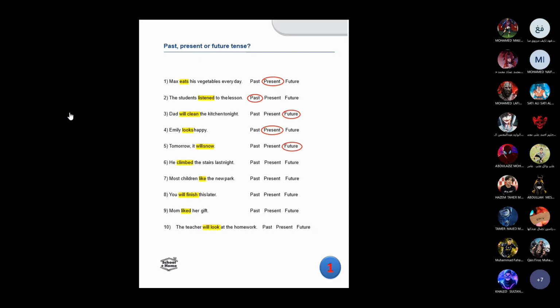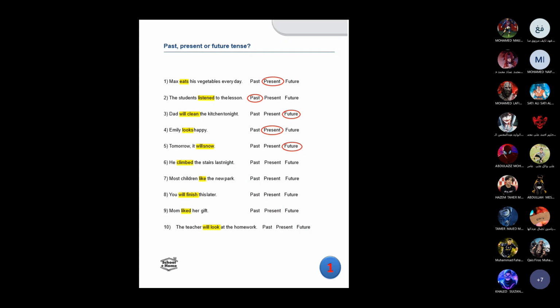Okay, Karim Isam, number 6. He climbed the stairs last night. How do you know? Because climbed has ed. Yes, and what else?